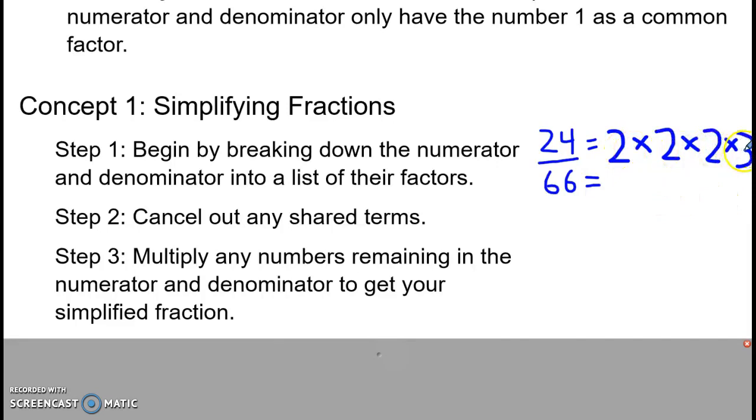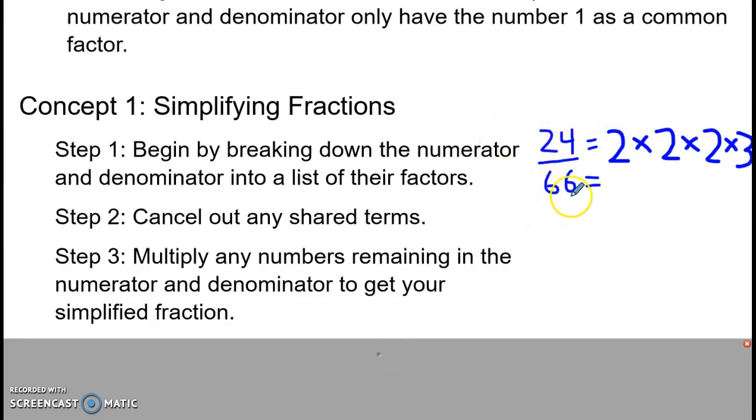So we have all the factors of 24, and these will all be prime numbers. So 2, 3, 5, 7, 11, maybe even 13 or higher prime numbers, but you're never going to get an even number larger than 2 or a number that's divisible by anything but itself and 1.